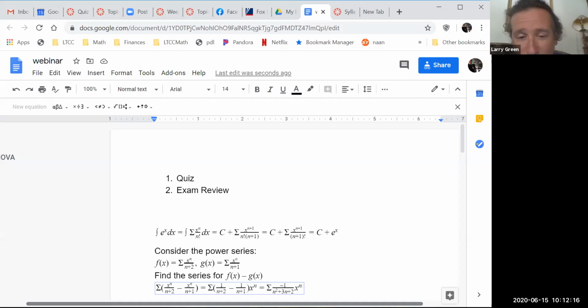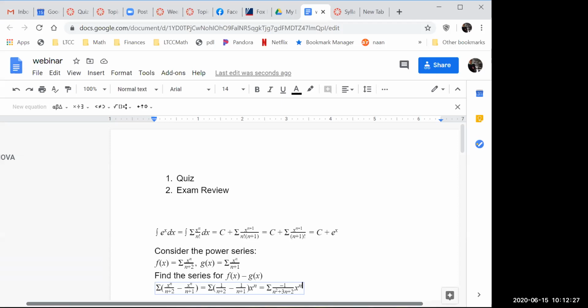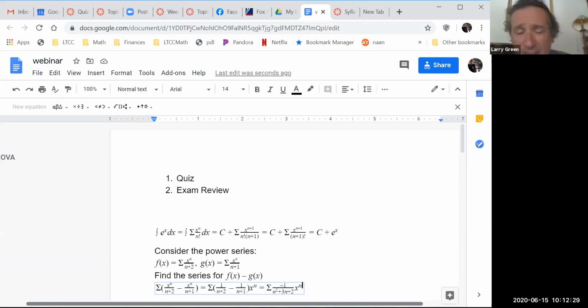If you look at negative 1 over n squared plus 3n plus 2, x to the n, why is that convergent when x equals 1? Isn't that a p-series? It's kind of a p-series. It's a limit comparison test with the p-series 1 over n squared. So it's two different tests.